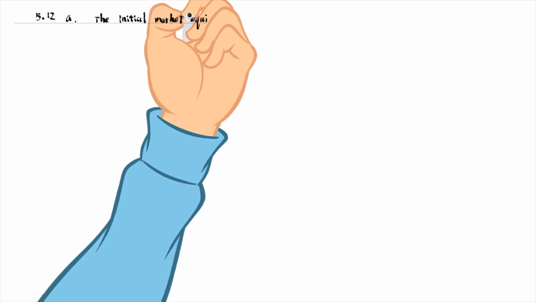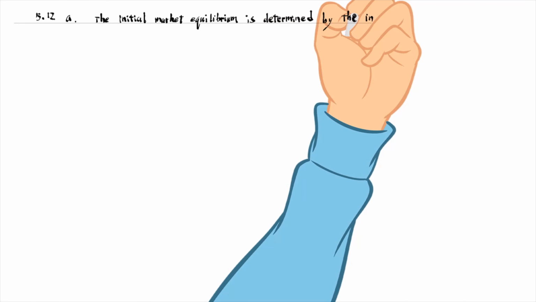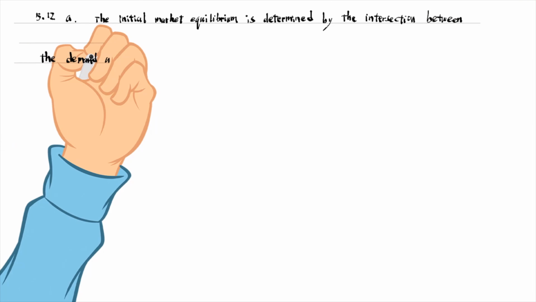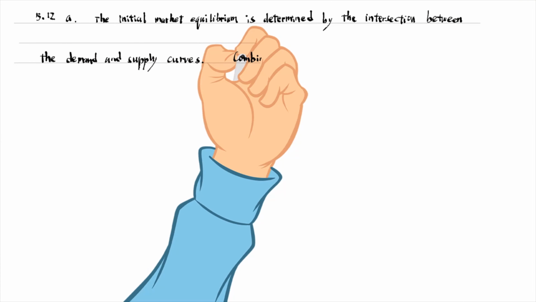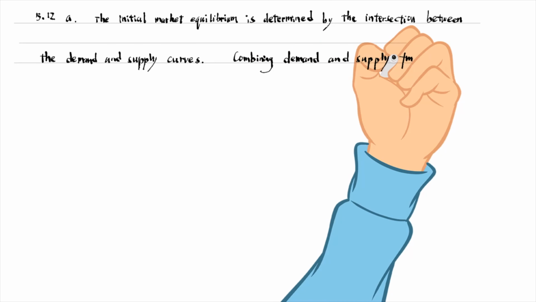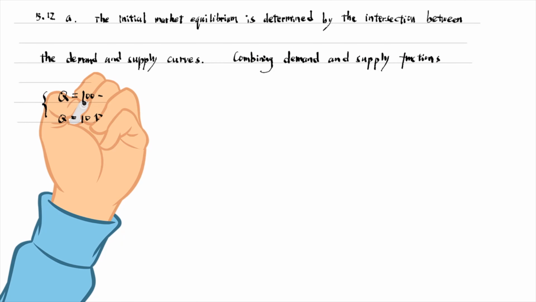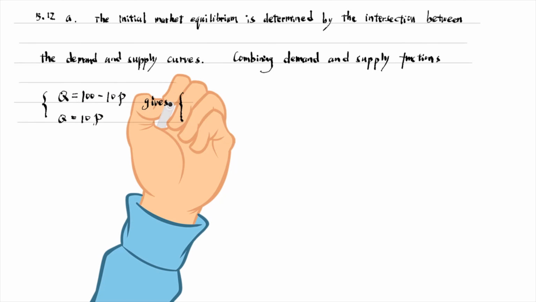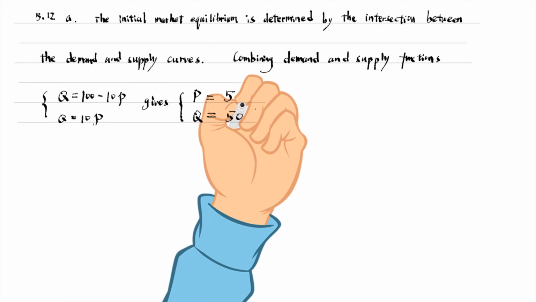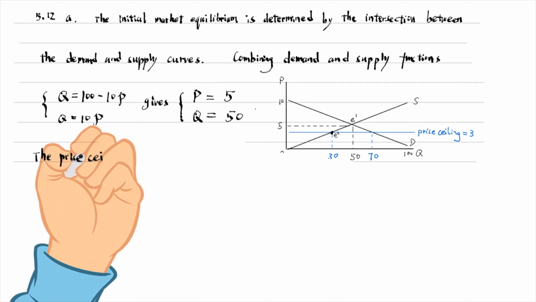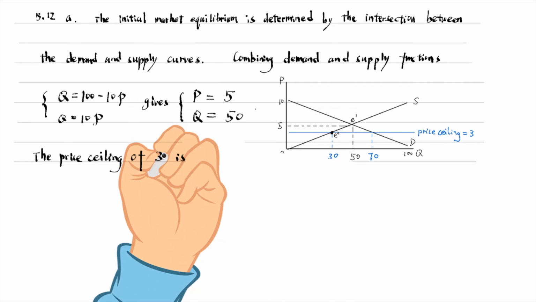The initial market equilibrium is determined by the intersection between the demand and supply curves. Combining the demand and supply functions gives the equilibrium price of 5 and quantity of 50. The price ceiling of 3 is binding.